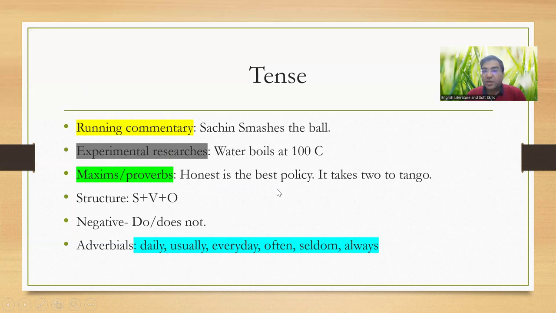Structure: if you are framing a sentence based on present simple, you have to use subject plus verb first form plus object, like, she writes a letter. She is the subject, writes is the verb. We have to put s or es in the verb if the subject is singular. She is a singular subject, she writes.